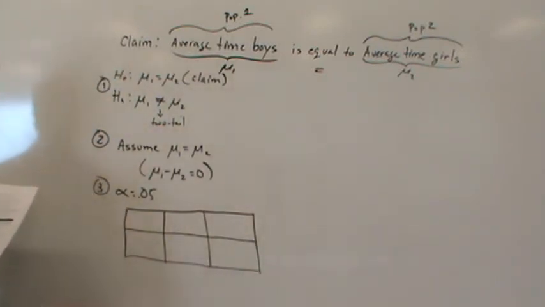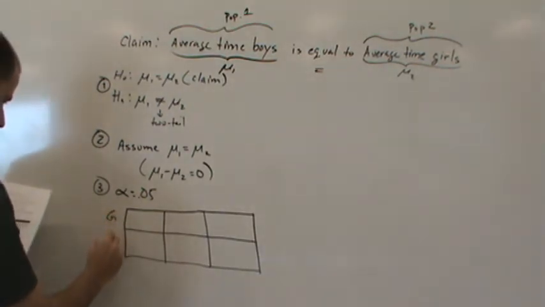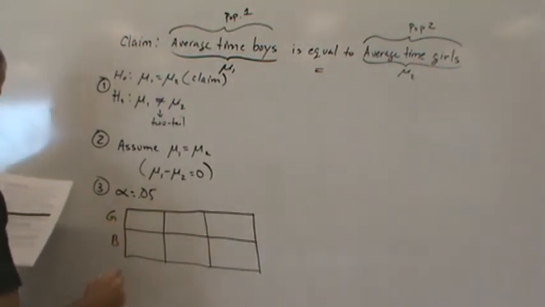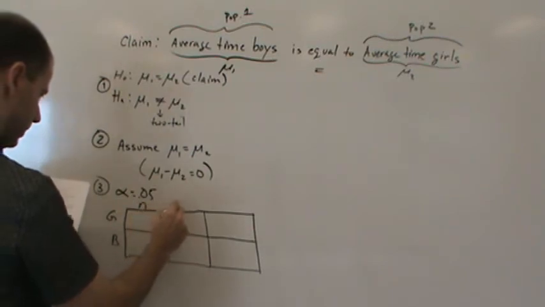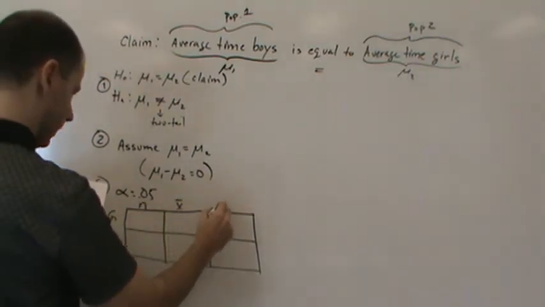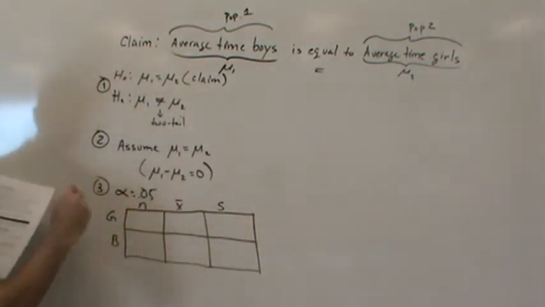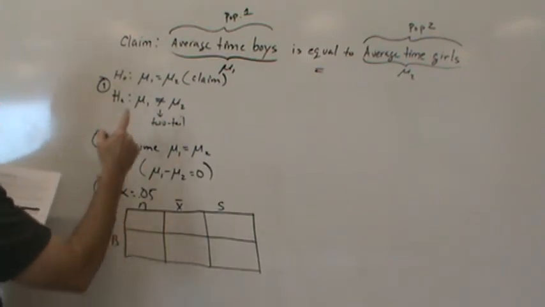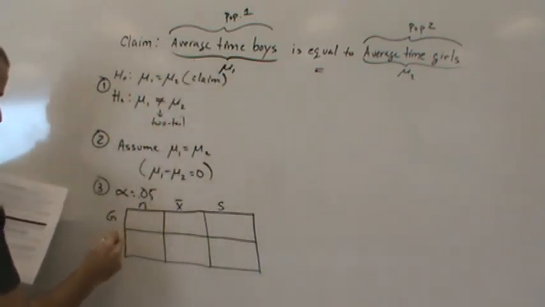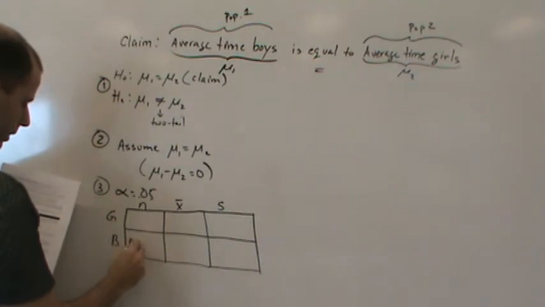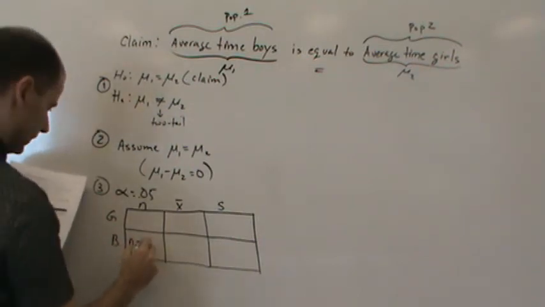So here's girls, and here's boys, and here's the sample size. So here's N, X bar, and S. For the boys, population 1, N1 equals 16.